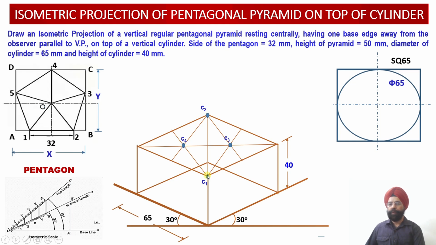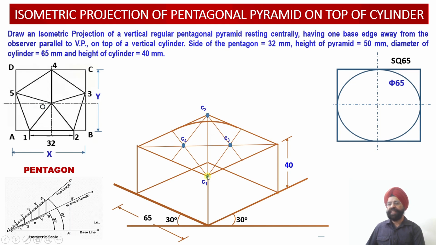So from center point number 1, I am going to take this much radius. So with C1 as the center, radius is equal to this much, I am going to draw an arc using a compass, which is going to join this midpoint with this midpoint in a circular way.